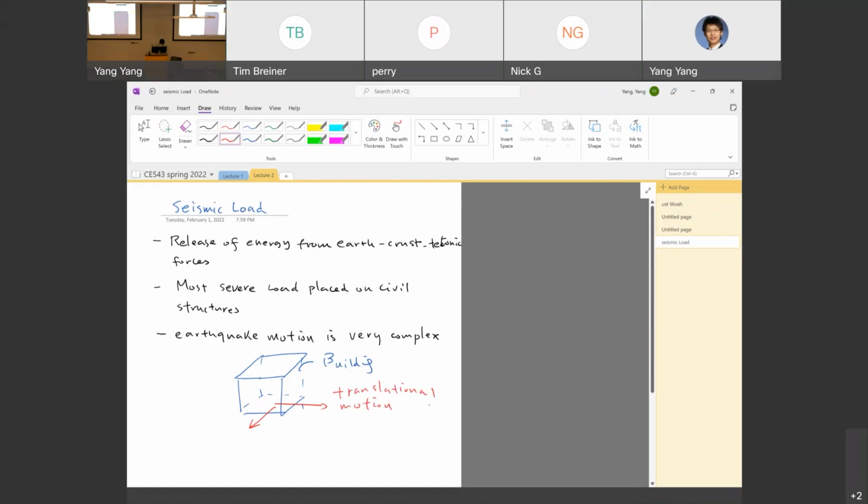Sometimes you also have vertical motion, and sometimes you may have some torsional motion.